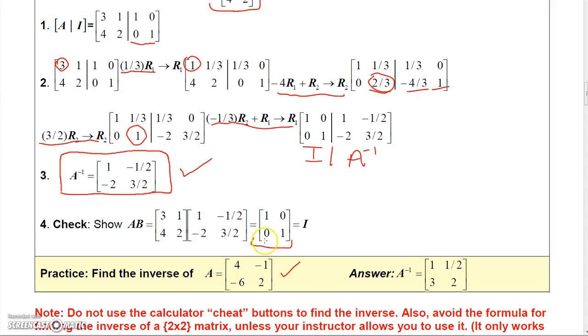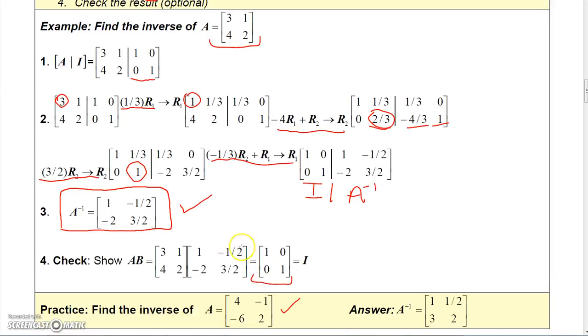I do want to make one thing clear. For the 2 by 2 case, there's actually a formula that you can use to find the inverse of a 2 by 2 matrix, but I generally do not teach that, because if you have to find the inverse of a 3 by 3 matrix or a 4 by 4 matrix, you won't have the tools to do it, because the formula only works for a 2 by 2 matrix.